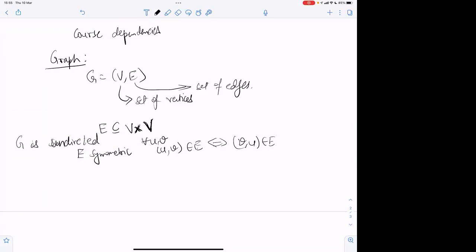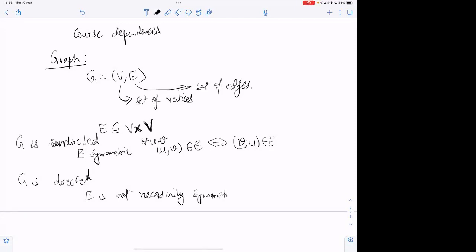Many of the graphs that we consider, like the planar graphs we considered, are undirected. You can also have G directed, when E is not necessarily symmetric.